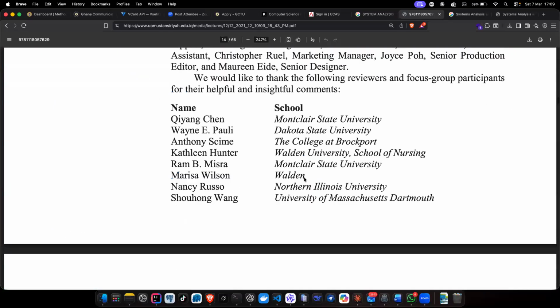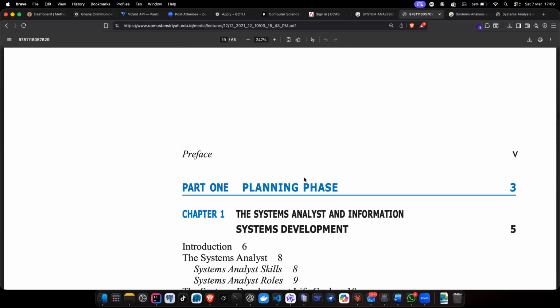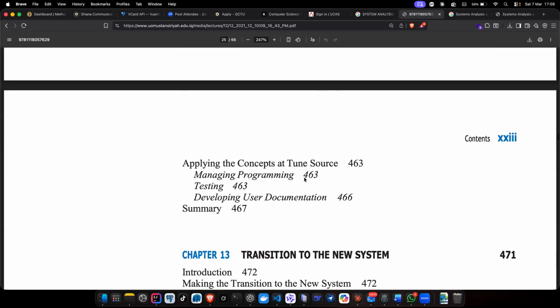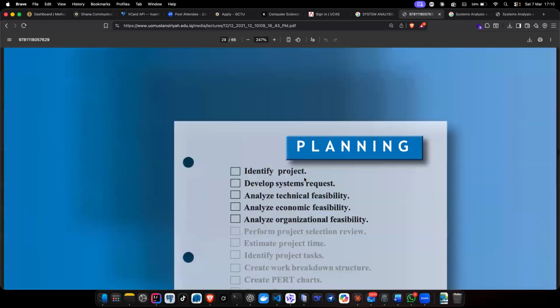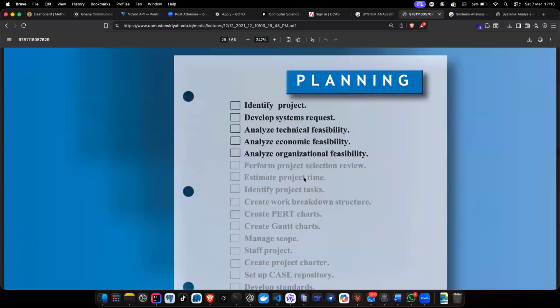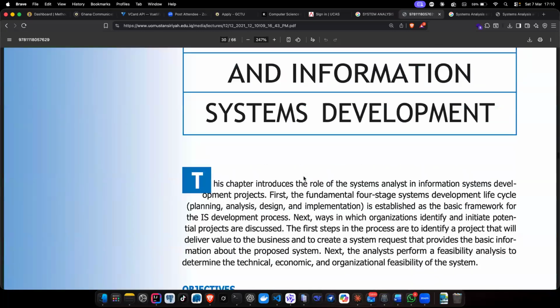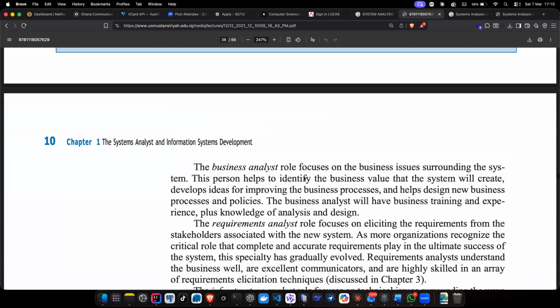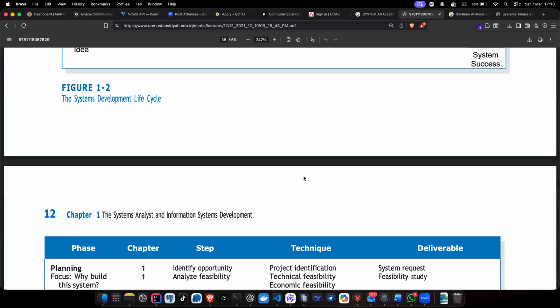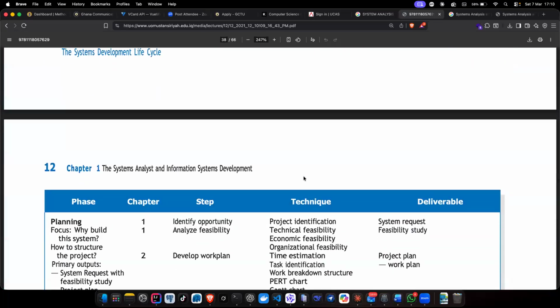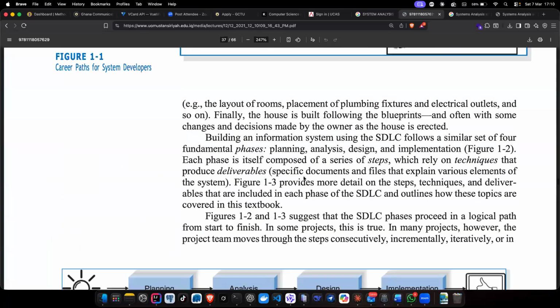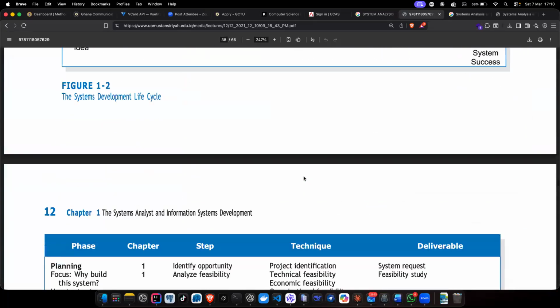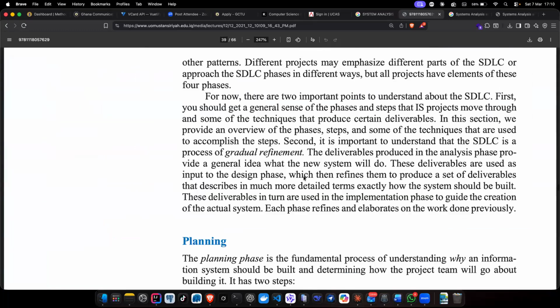This one goes into details to provide what you call the system request. It's basically like the charter, or the identification of what the project is. I think that one is chapter 2, but it has some traces of chapter 1 as well.